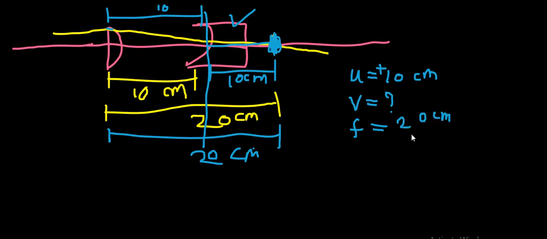You can use the lens formula here: 1 by v minus 1 by u is equal to 1 by f, where f is the focal length. To find v, we write it as 1 by v is equal to 1 by f plus 1 by u.